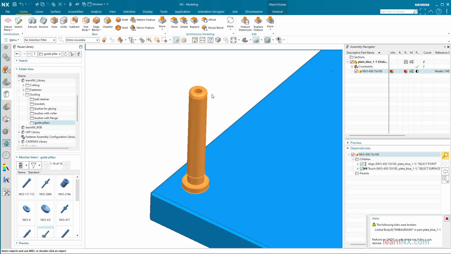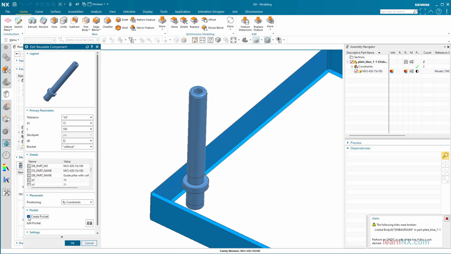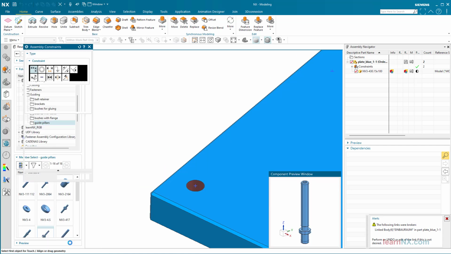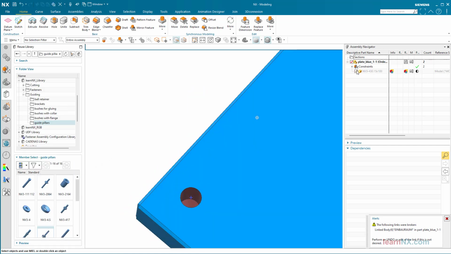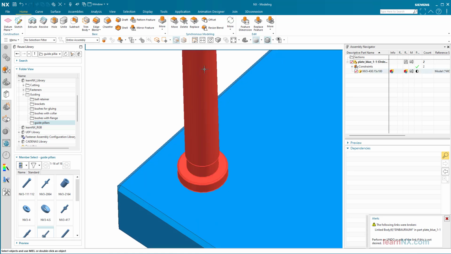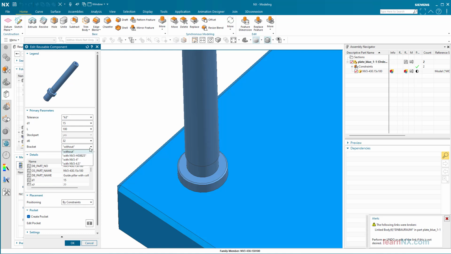Even the required installation space can be generated automatically. Prepared in this way, parts and assemblies, including the installation space, can be replaced quickly and easily.